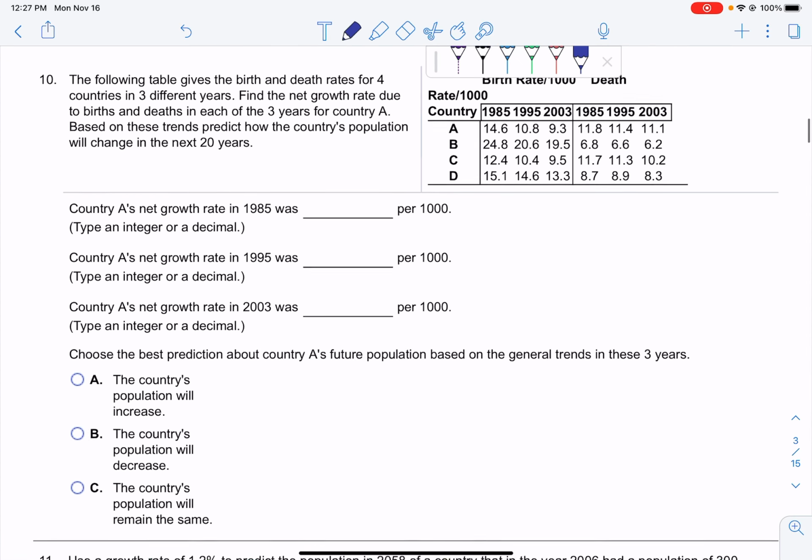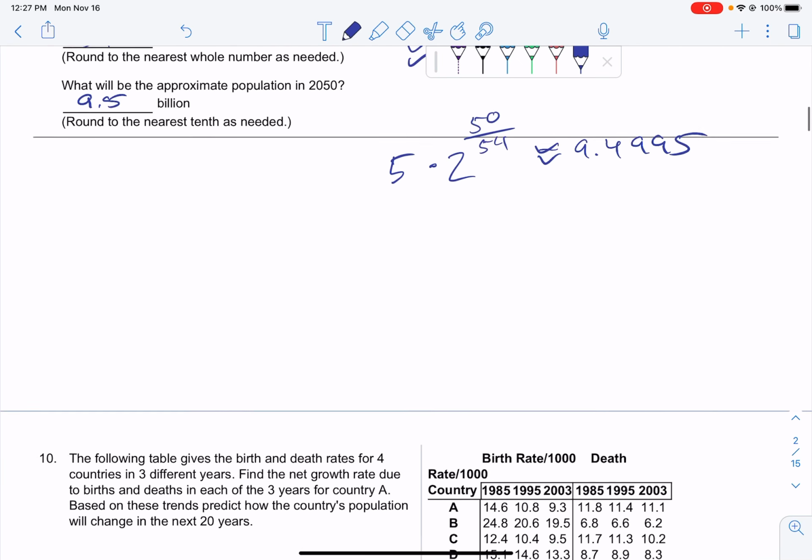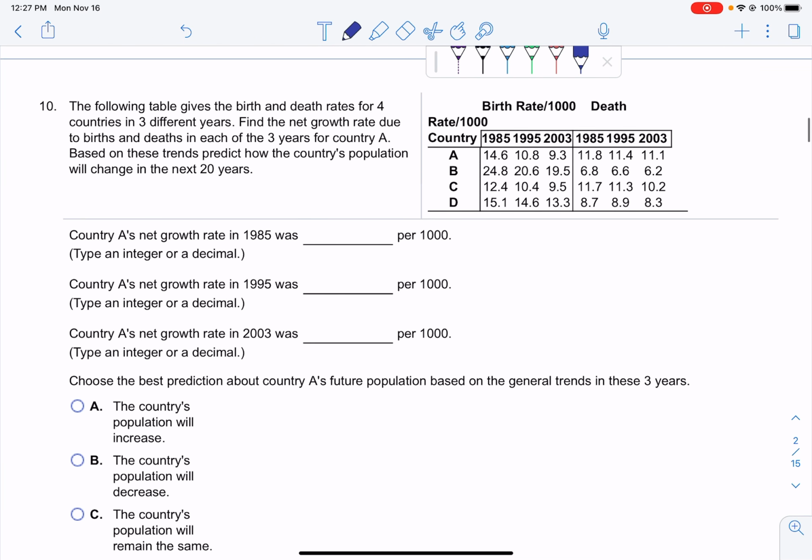All right, number 10. Number 10, the following table gives the birth and death rates for 4 countries. Country A's net growth. So 1985, country A had 14.6 births minus 11.8 deaths per thousand.